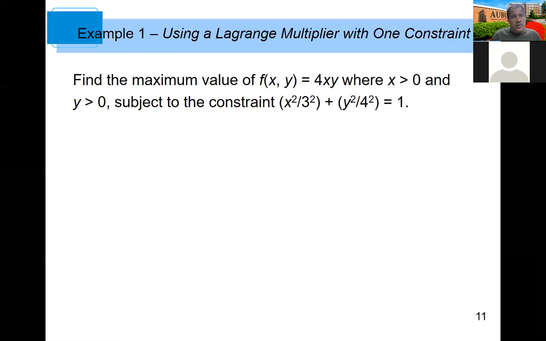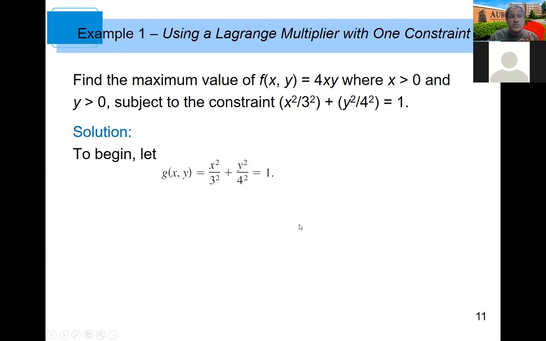And we put the condition that x greater than 0 and y greater than 0 for convenience, okay? So find the maximum value of f of x,y equals 4xy, which was the area of that rectangle, remember? Where x is greater than 0 and y is greater than 0, subject to the constraint x squared over 9 plus y squared over 16 is equal to 1.